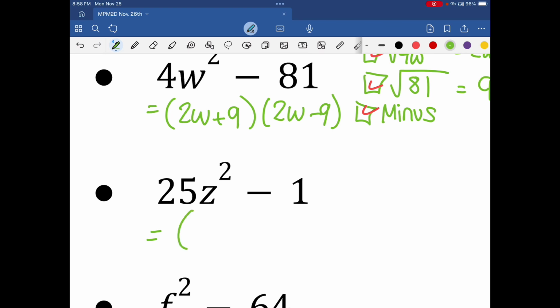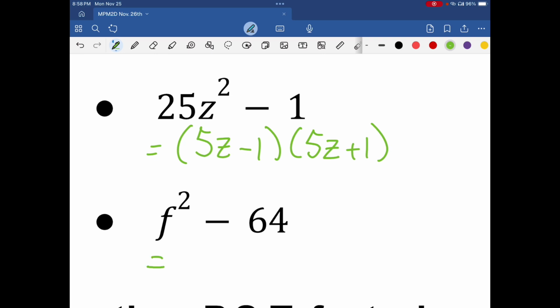And the next one, it's also difference of squares. And the last one.